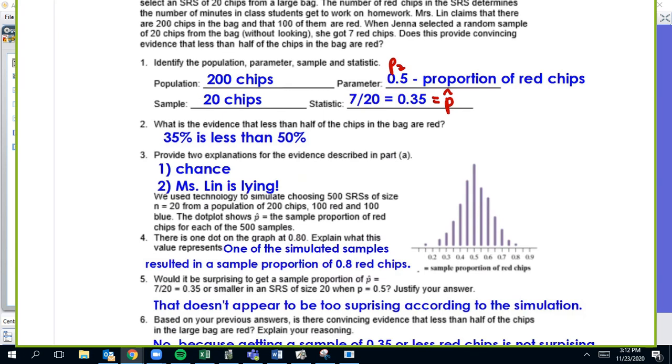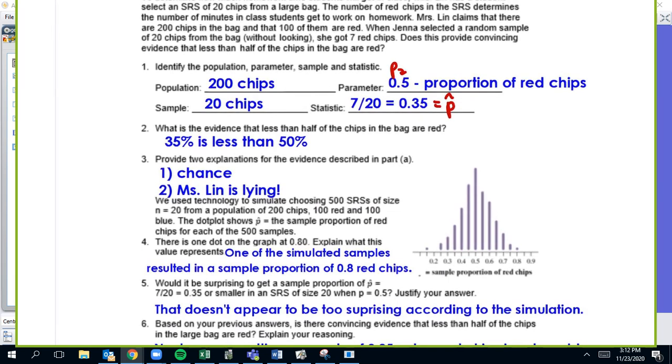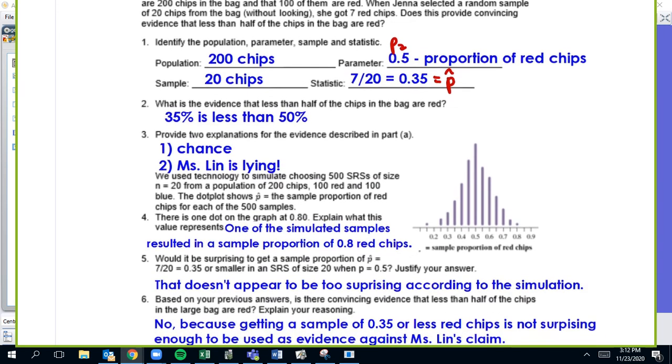Now we do a simulation of part of a sampling distribution. And so these are all different samples of size 200, assuming that Mrs. Lynn is telling the truth. And we had one sample right here where we had 80% of the chips were red. That's what that one particular dot from the simulation means. And so all these are different P hats.